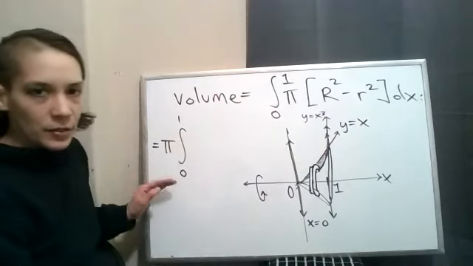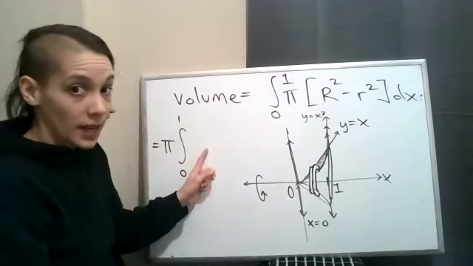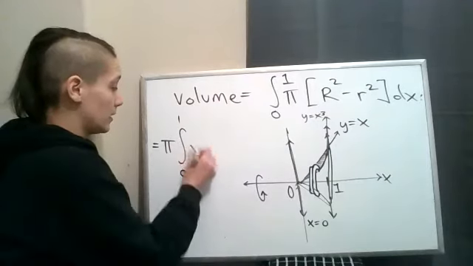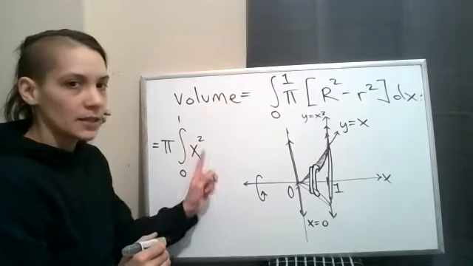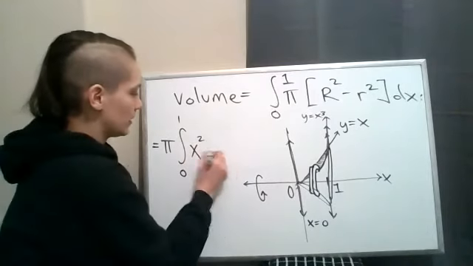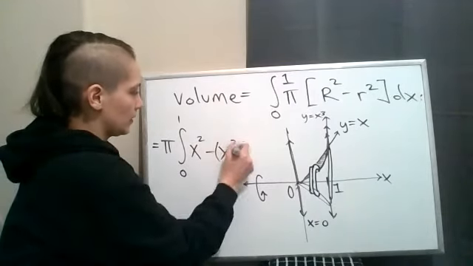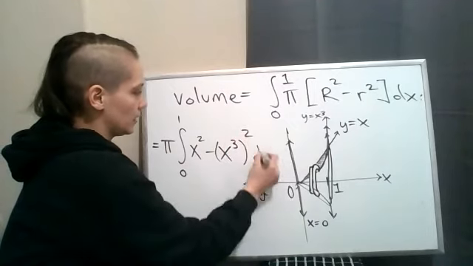Okay, pi times integral from 0 to 1. We want to have x squared, subtract x cubed squared, dx.